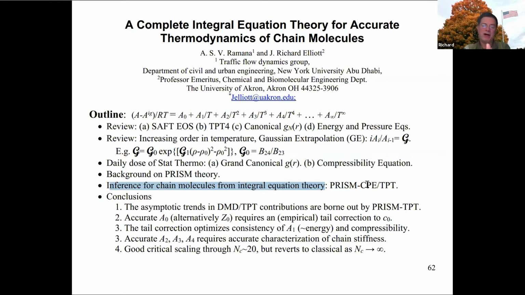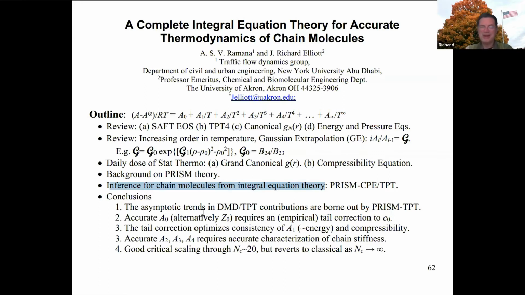It's one way of deriving these terms A3 and A4 and A5 and A6 and A7. What you're going to see is that we can recover the asymptotic trends of the perturbation contributions within this PRISM-TPT theory. What am I talking about there?